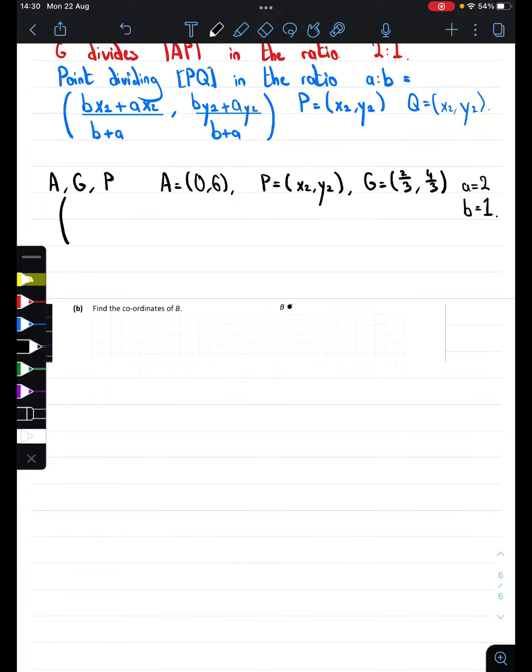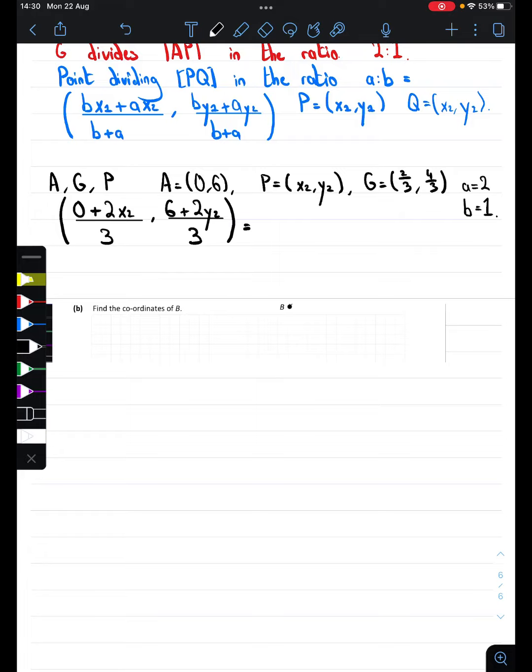So using this formula, B times x1, 1 times 0, plus A times x2, 2 times x2, all over B plus A, which is 3, and B times y1, 1 times 6, plus A times y2, plus 2y2, over B plus A, 3.